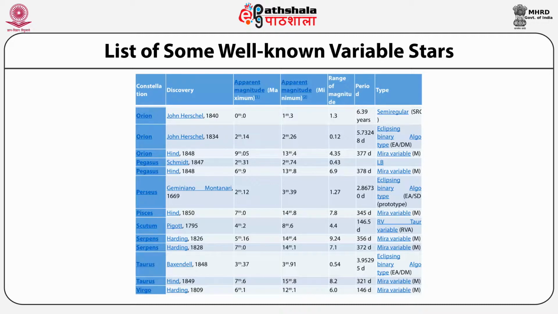So this classification just makes us feel that variable stars are varying in brightness and magnitude. It's not only that we can have one kind of variable star, but we have different types of variable stars illustrated in this very table.